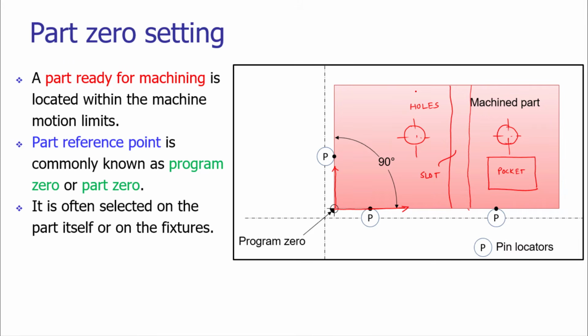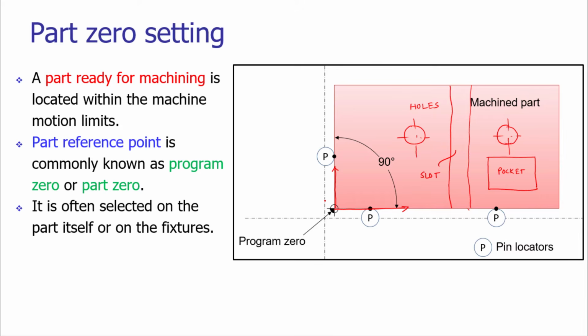So many features to be machined on the work part, and we know the location of these features with respect to the program 0. So in CNC part programming, we have to fix the program 0. So here the program 0 has been taken at the lower left corner of the geometry on the top surface. On the top surface, the lower left corner has been selected for the program 0 setting.